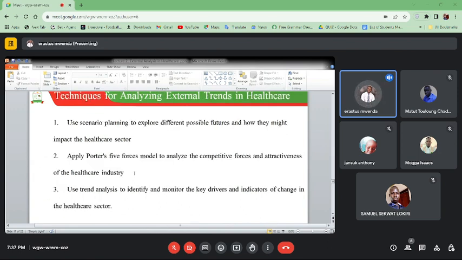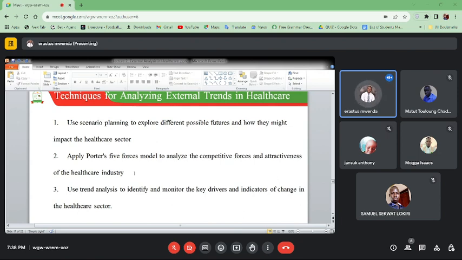Now we have a number of techniques that we are also going to use when we are doing external trends in healthcare. For example, we have a technique we call scenario planning. When we are using scenario planning, we seek to develop possible futures on how things in the future might affect the health sector. For example, we can do that by identifying key health trends and uncertainties.